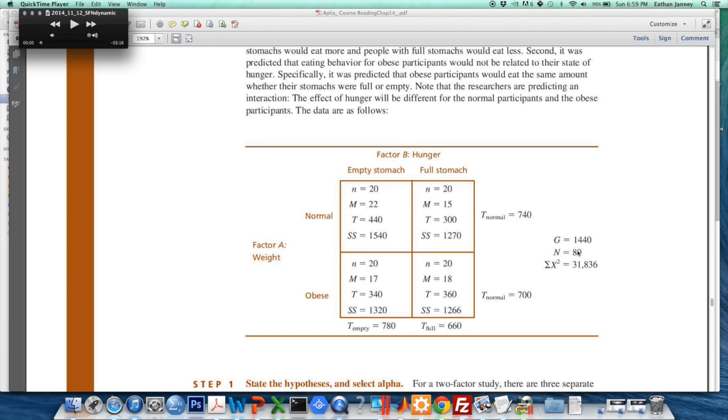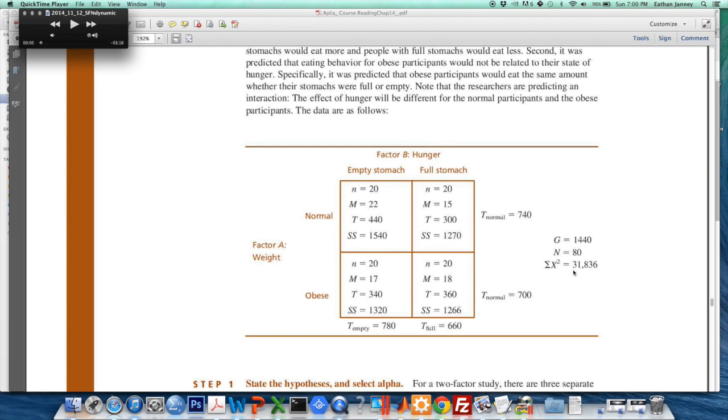Now over here on the right, we still have the G number which we're used to, which is the grand total of all of the scores, which should equal T1 plus T2 plus T3 plus T4. You just add all the treatment totals together. N is the total sample size, so that should be the number in each sample times the number of samples. So 20 in each sample times 4 samples would give us N equals 80.